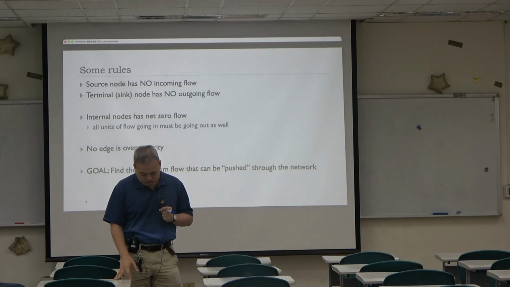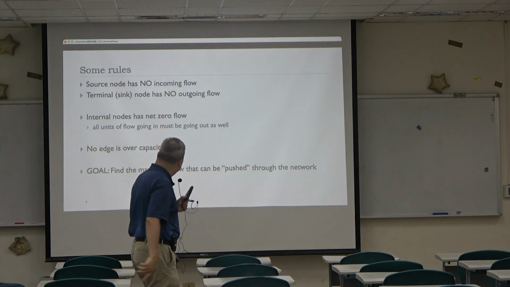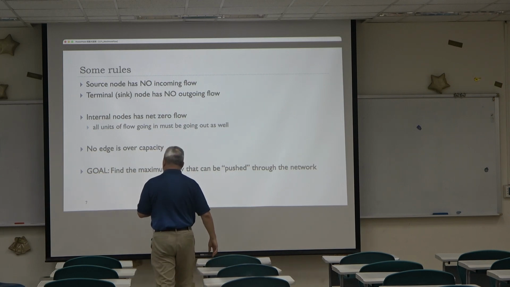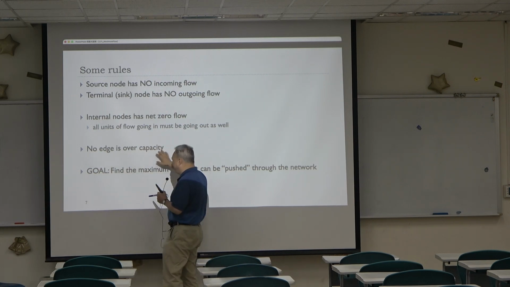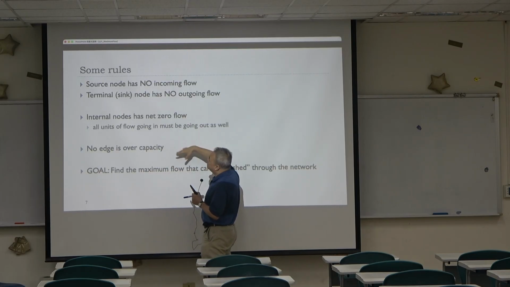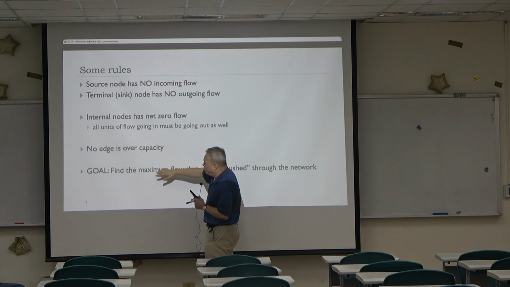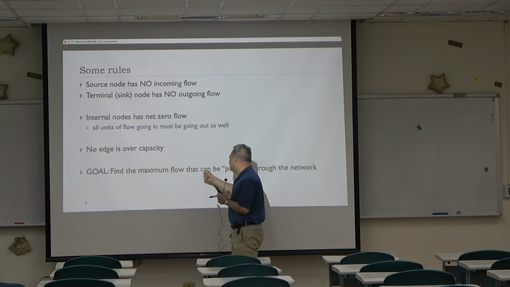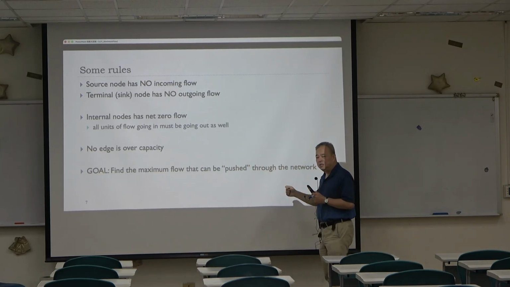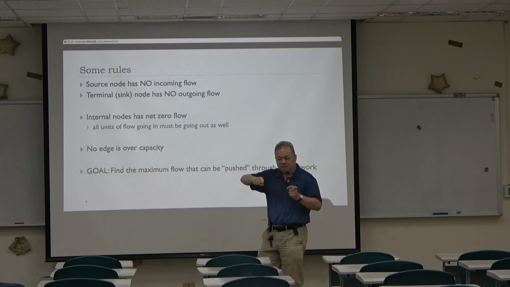So no edge is over capacity. Under these rules, we want to find the maximum flow that can be pushed through the network from the source to your sink.